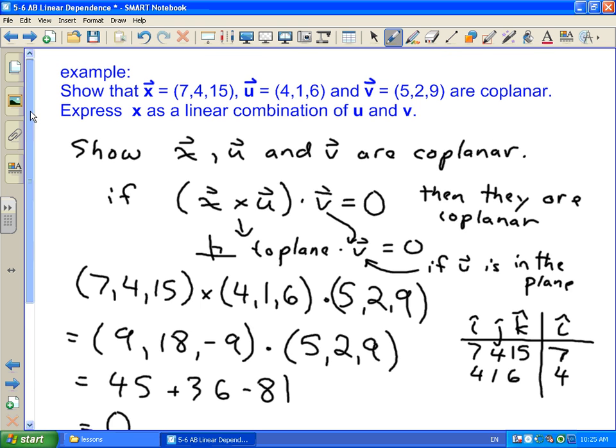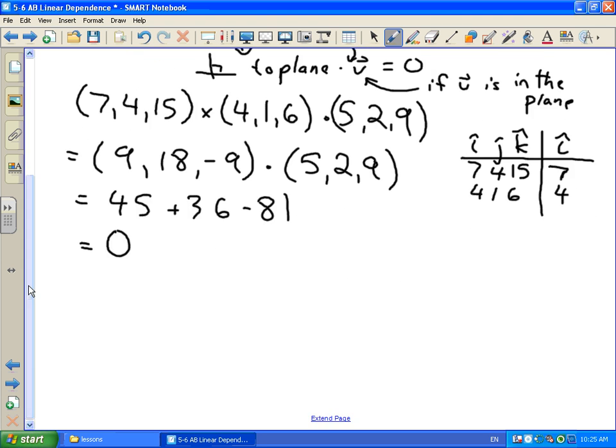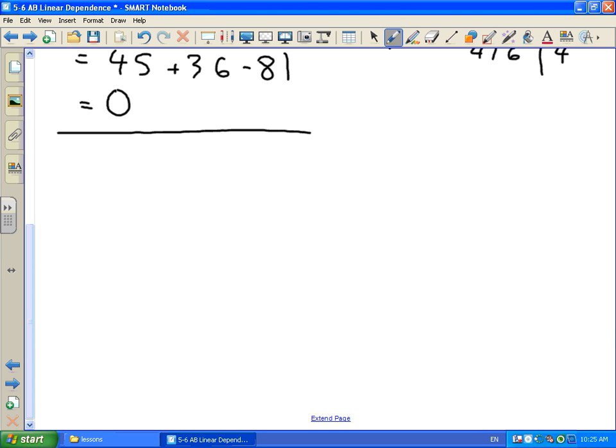Now, if we go back to the original question here, we're asked to express x as a linear combination of u and v. Let's take a look at how we would do that. If we want to put x as a linear combination of u and v, that means we're going to write x equals some scalar times u plus some other scalar times v.